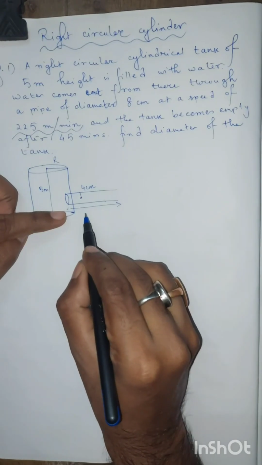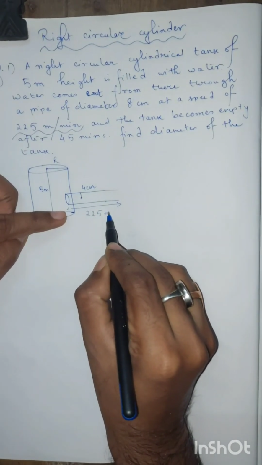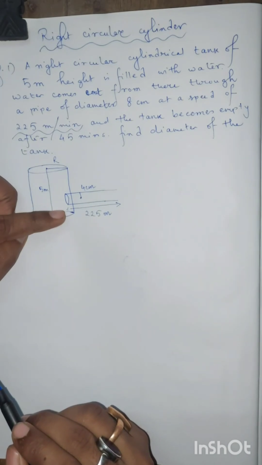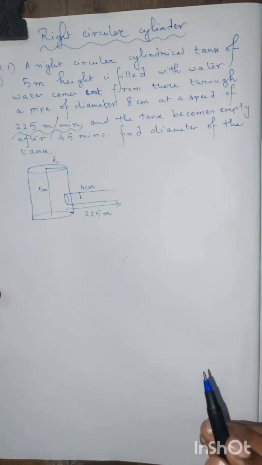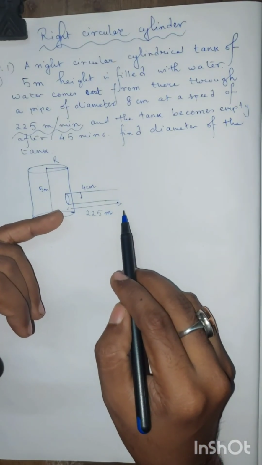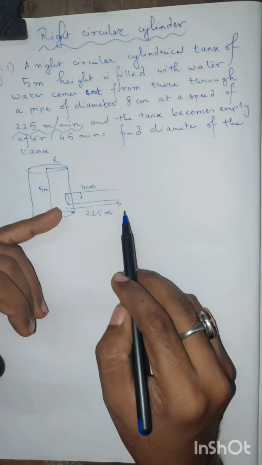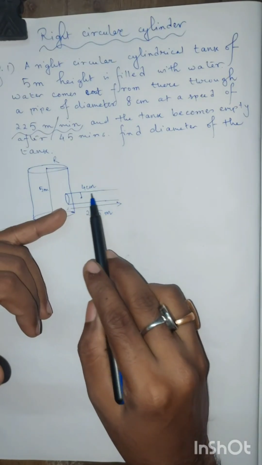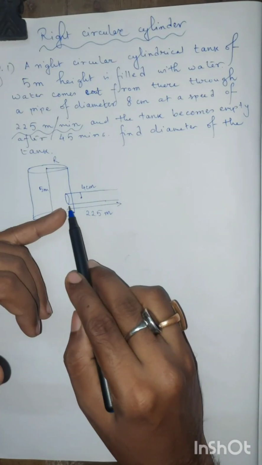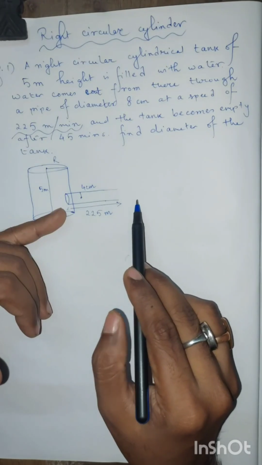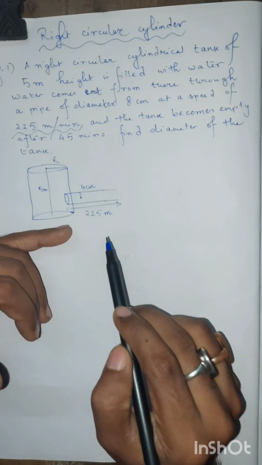So the length is 225 meter. We are assuming that in 1 minute the water column formed inside this pipe has a length of 225 meter.